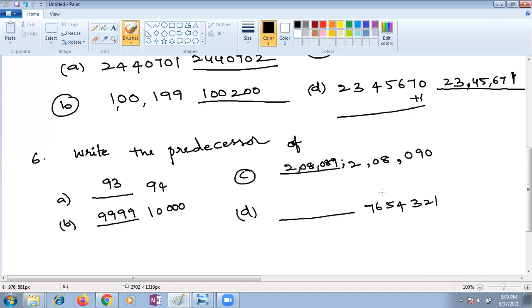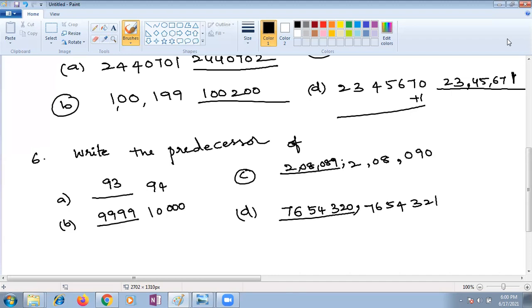Ma'am, I'm reading the number: 76 lakhs 54,321. Predecessor is 76 lakhs 54,320. Good. This is the way we are finding predecessor and successor.